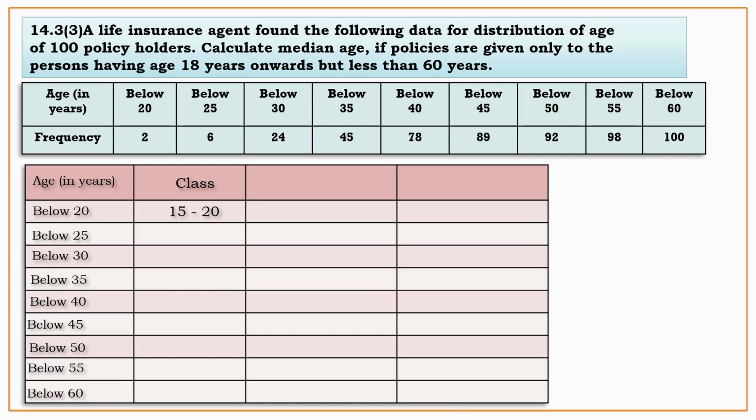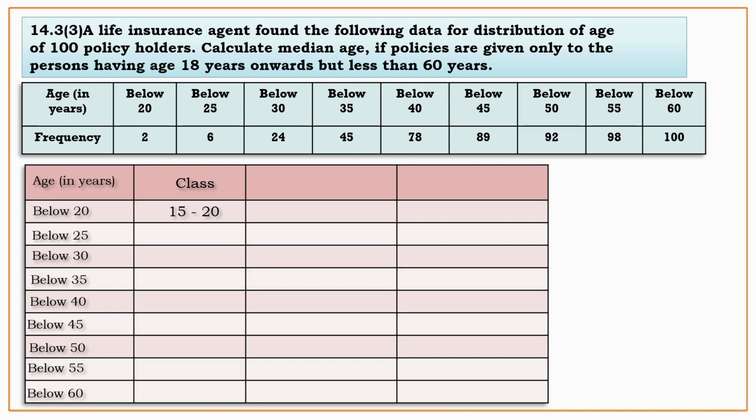So below 20, if you take a look at the table given, age in years, that is below 20, below 25. Okay, now if you take a look at the two subsequent, there is a gap of 5, right? 20, 25, 30, 35. So each has a 5 gap. So we will keep the class interval where the class size will be of 5.